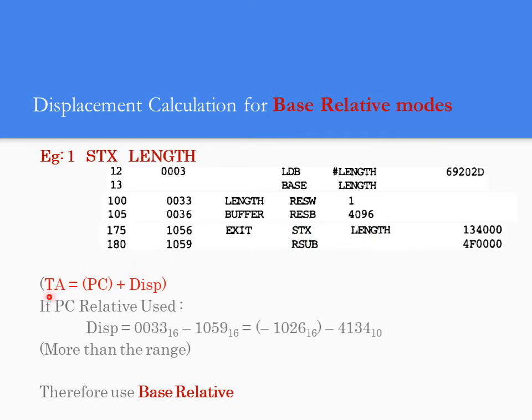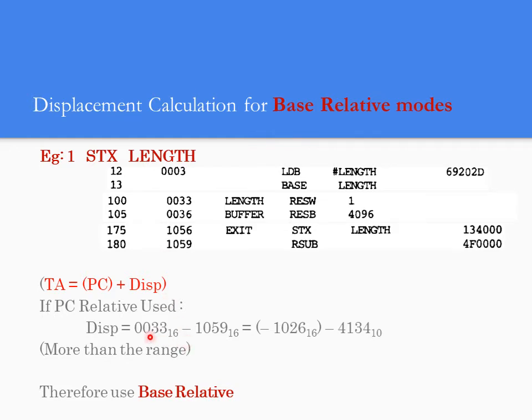So with the formula, target address is equal to contents of PC plus displacement. The displacement will be calculated as target address minus contents of PC. So for the instruction STX length, the target address is the address that length points to. Length points to 0033. And the contents of PC is the address 1059.